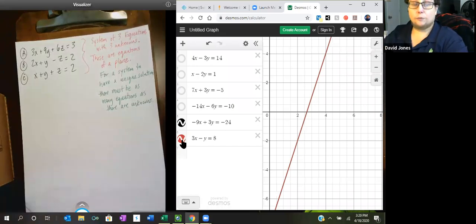You could still end up with no solution or infinite solutions, but if you've got 3 variables, you need 3 equations. If you've got 5 variables, you need 5 equations.